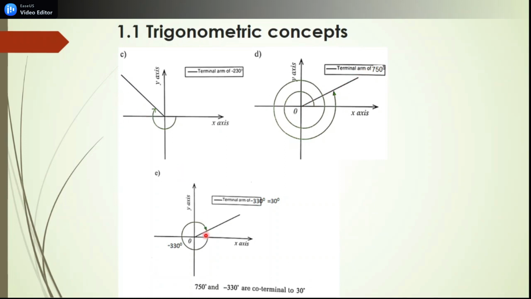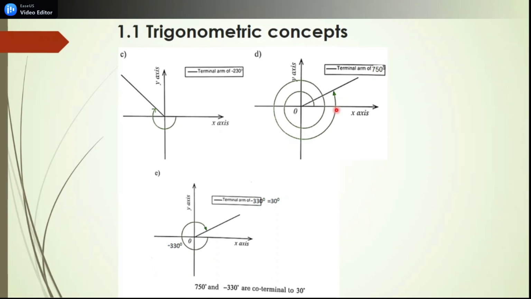So an angle of 750 degrees is greater than the angle of a circle. A circle has a total angle of 360 degrees. So when we have 750, you have a first turn of 360 and a second turn of another 360 degrees.